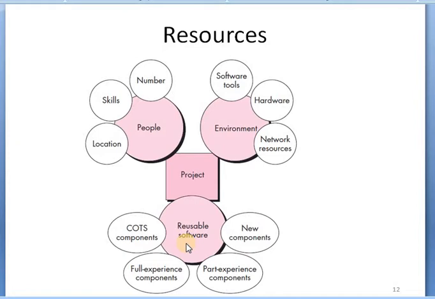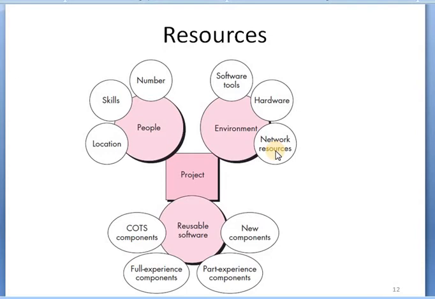Each resource is specified with different characteristics, such as description of the resource, statement of availability of the resource, time when the resource will be required, and the duration of the time that the resource will be applied.